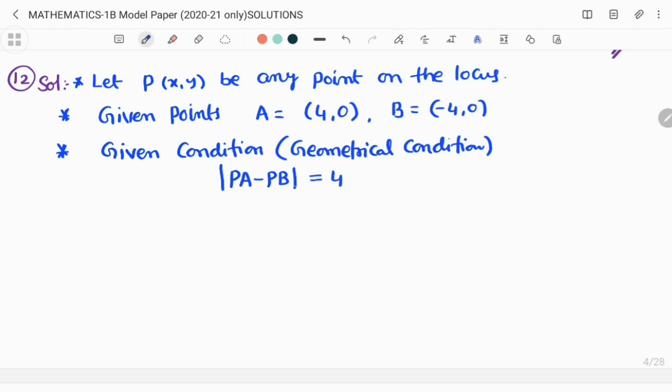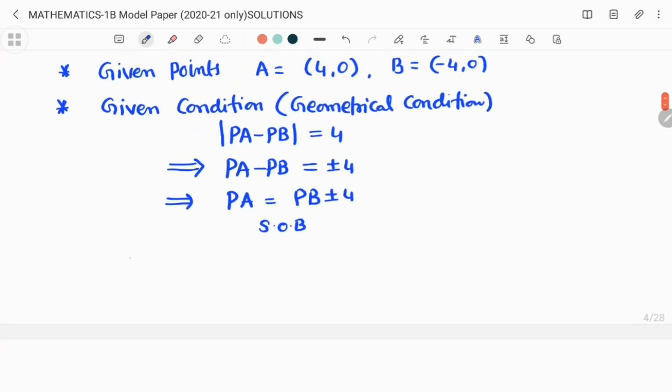If we remove the modulus, we get plus or minus. So PA minus PB is equal to plus or minus 4. Minus PB I am taking to the RHS, so PA is equal to PB plus or minus 4. After that, squaring on both sides, you have to do that.